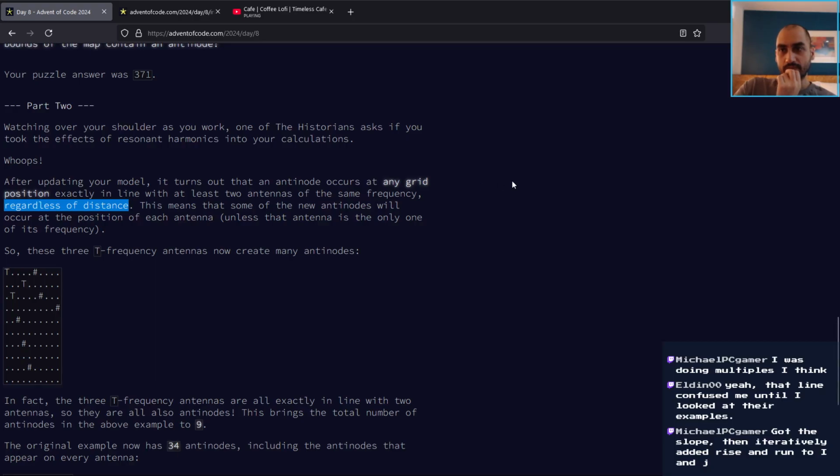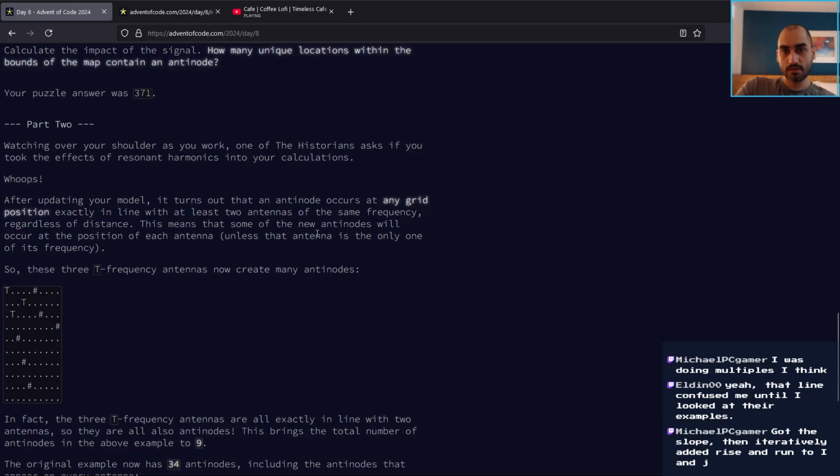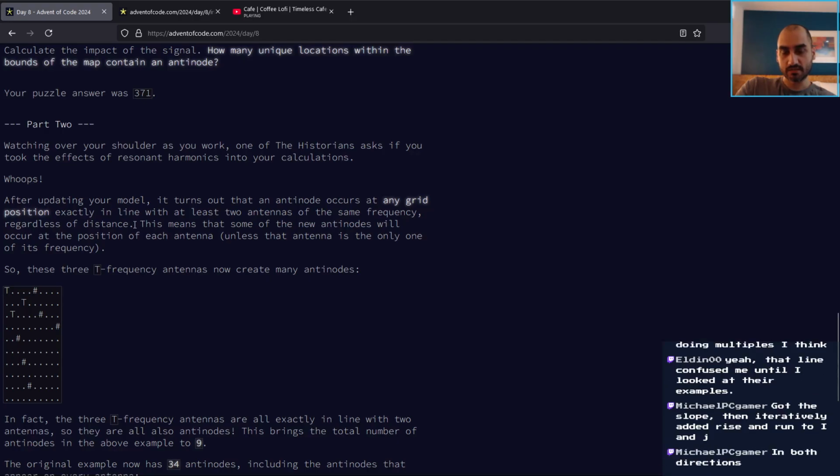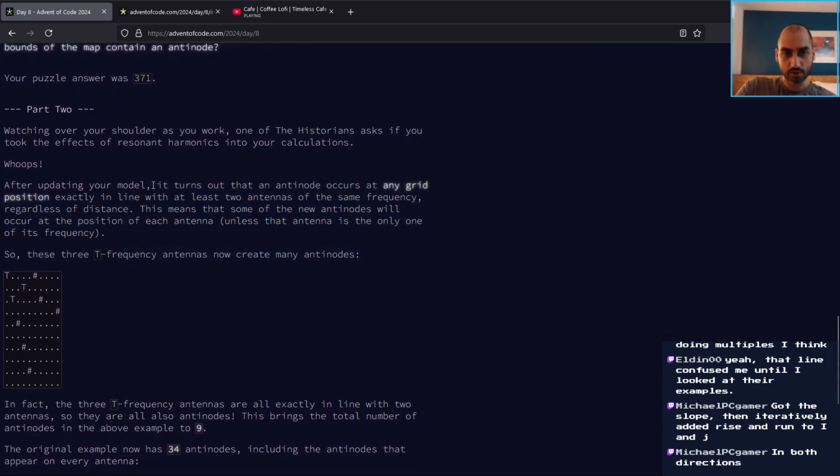Got the slope, then iteratively added rise and run to i and j. I guess because there were no antinodes between them, that already proves that the vector doesn't break down, so maybe my GCD was superfluous, but I would argue the way I wrote it with the GCD still is correct according to their description.